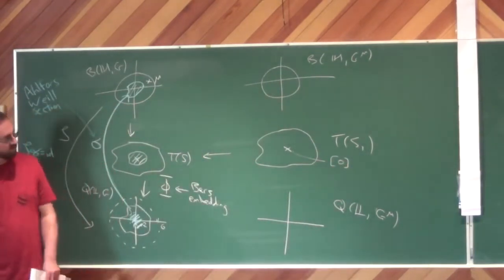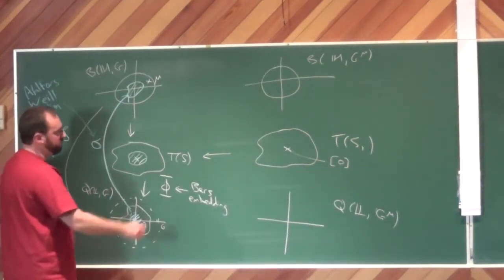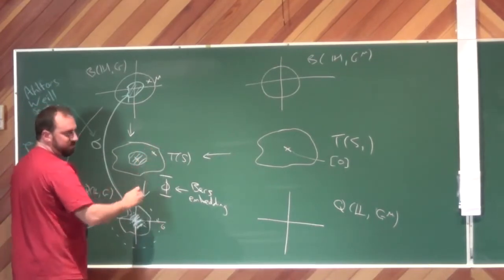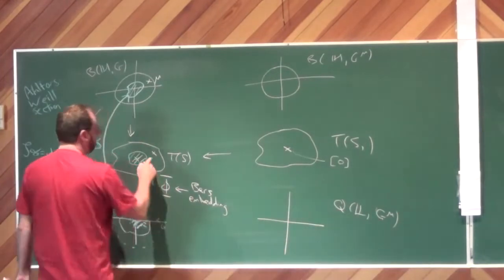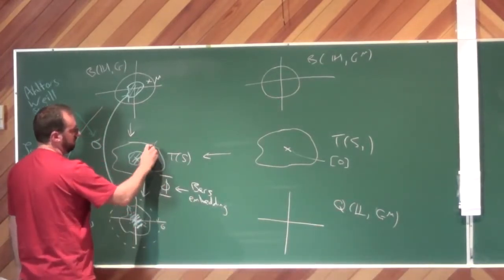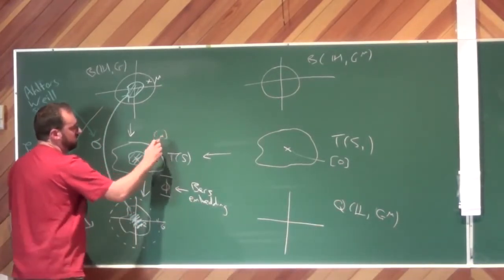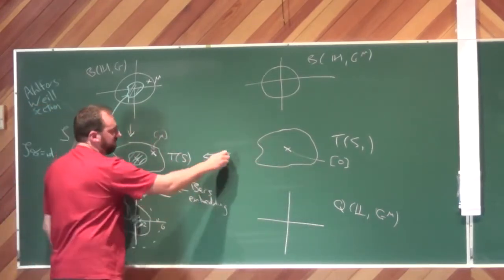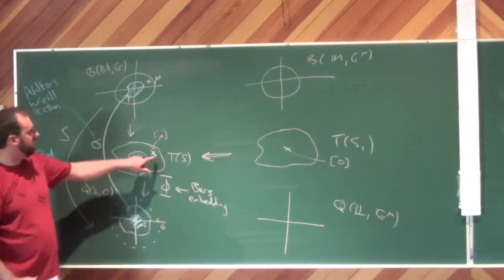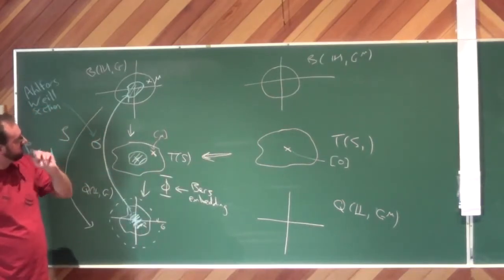The base point of T of S1 gets mapped by this translation map to the class of mu.